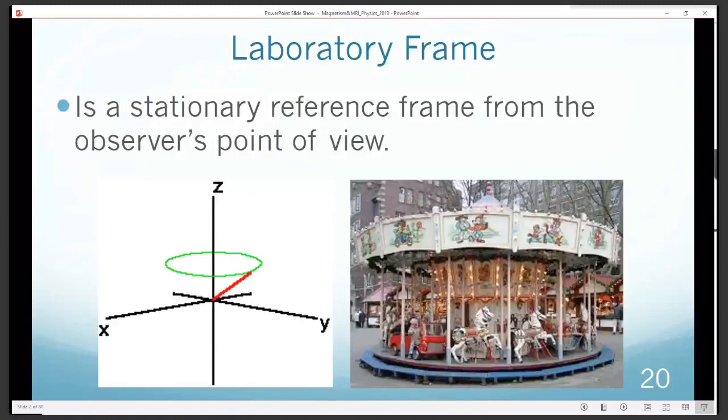And it's difficult to separate that precession motion from other types of motion. This is analogous to trying to figure out what's going on a merry-go-round as you're standing in the park watching the merry-go-round go around and the horses go up and down and the people walk around on it.